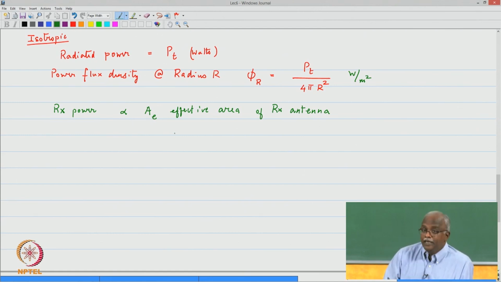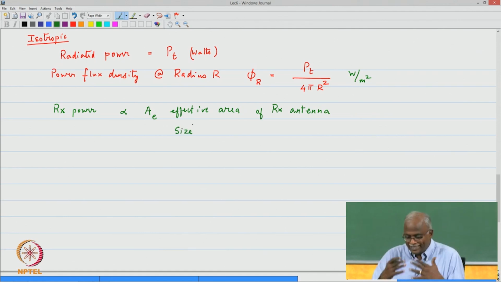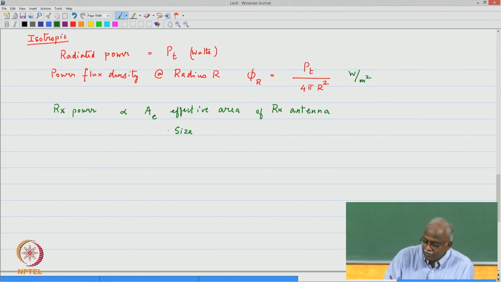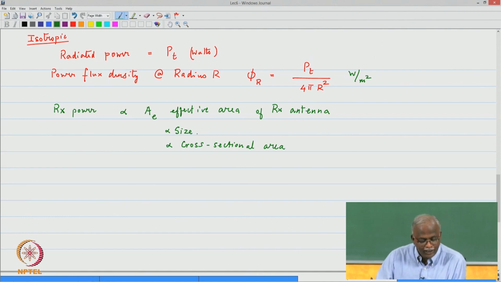Now, the effective area basically depends on some elements. It first of all depends on the size of the antenna. The larger the size, the larger the effective power that it can intercept. So, there is a proportionality to the size. It is also proportional to the cross sectional area, the cross section that will intercept the transmitted power, and of course, it is also dependent on the orientation of the antenna.